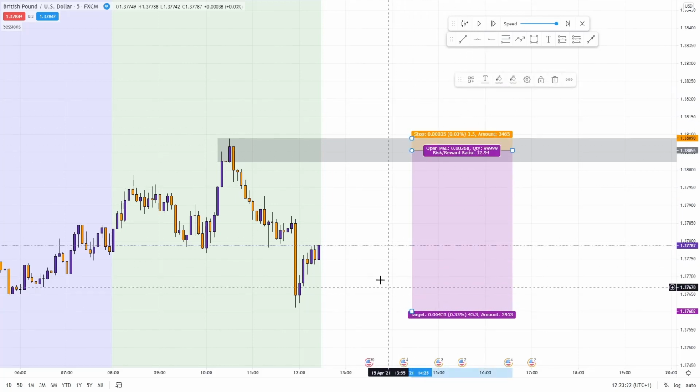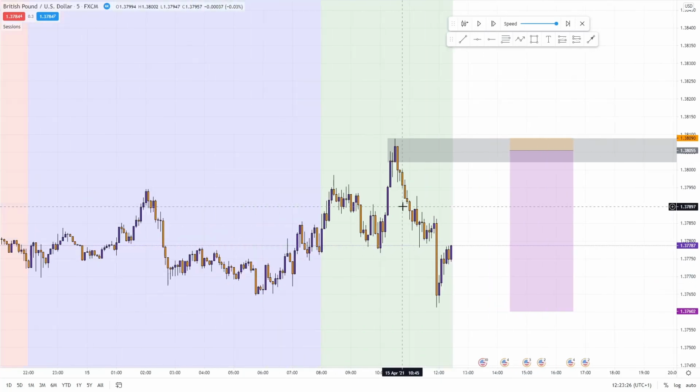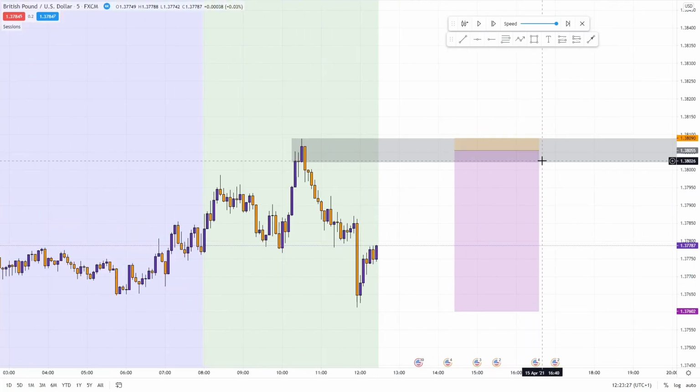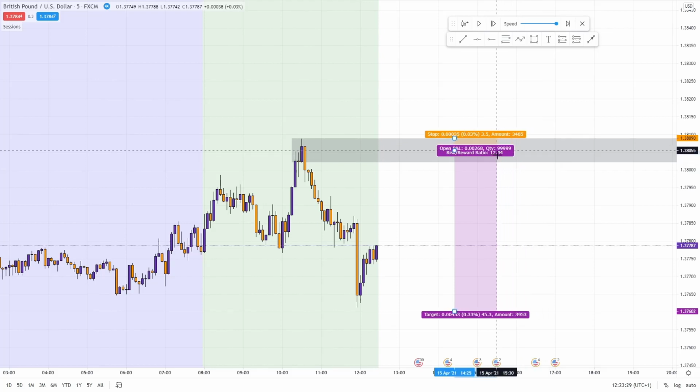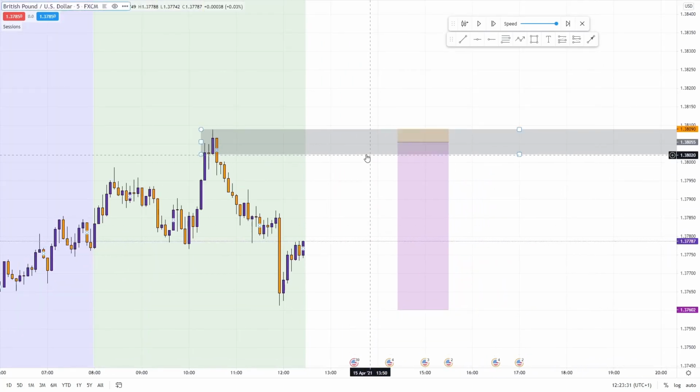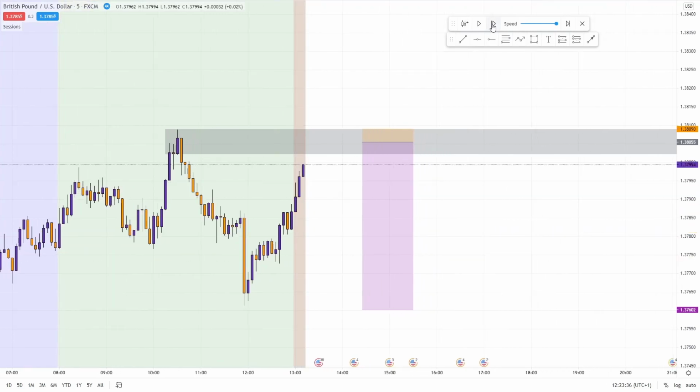Now I understand that some people would consider these entries risky, but that is why I'm only risking 0.5% of my account on these positions. So from there on, it was literally just waiting for price to return into this area.